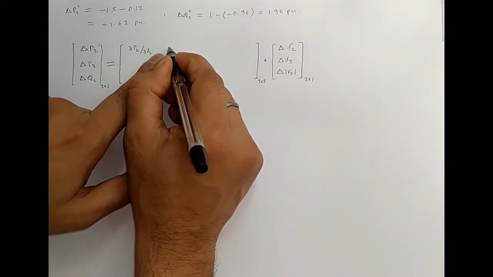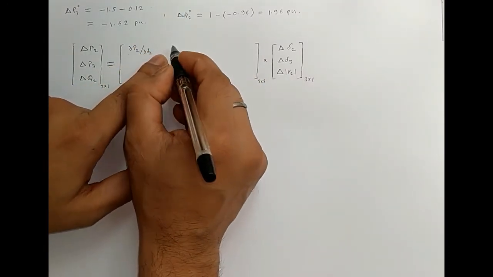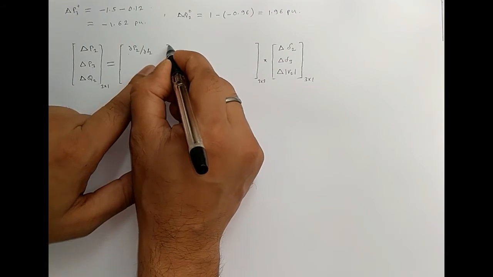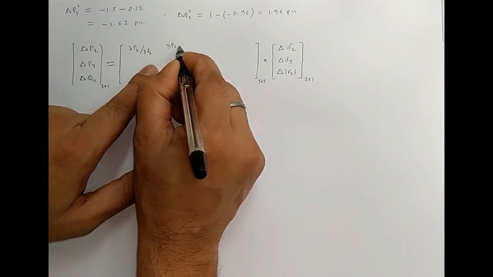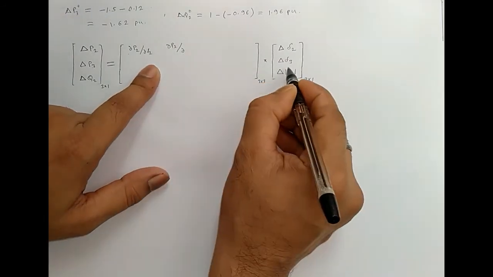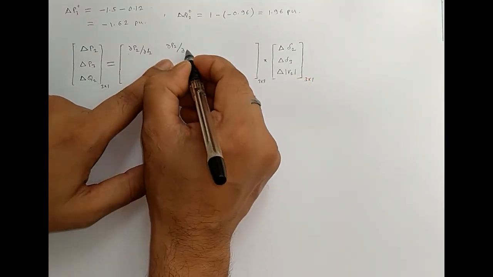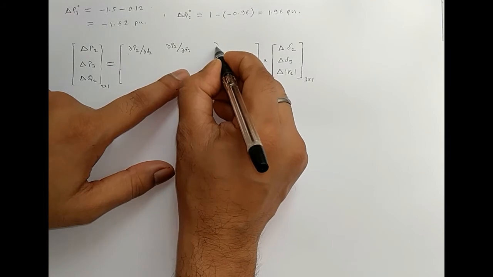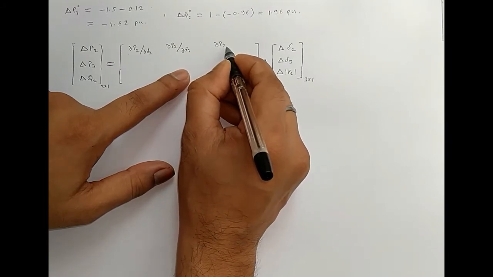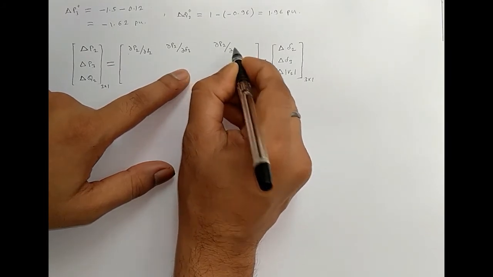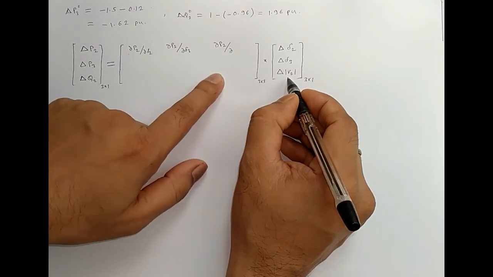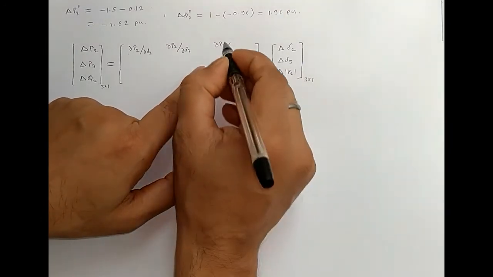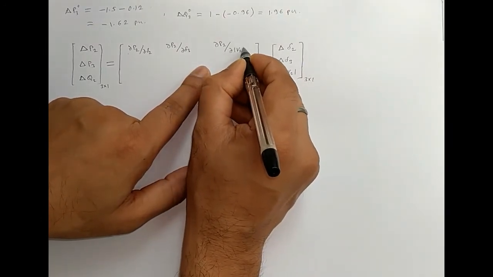On the second term, this will be what? Del P2 with respect to del delta 3. And the third term will be del P2 with respect to del mod of V2.